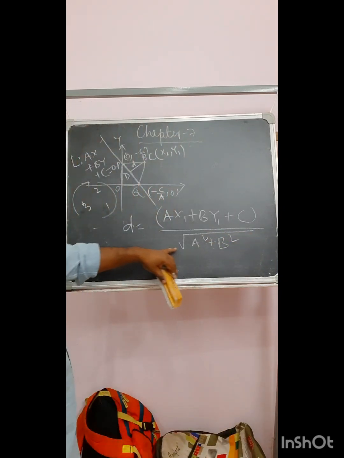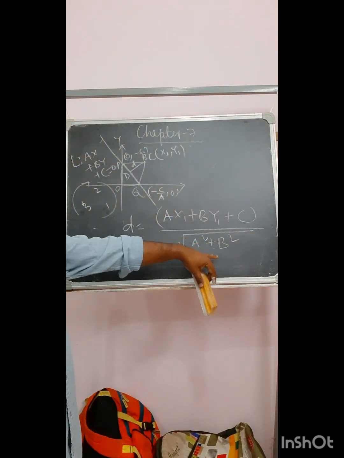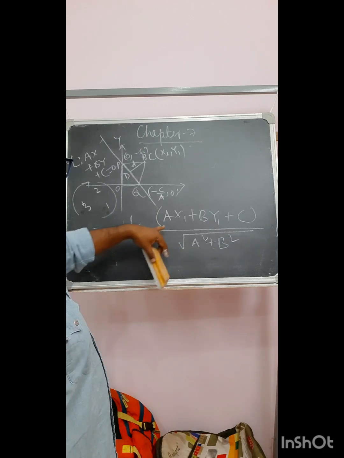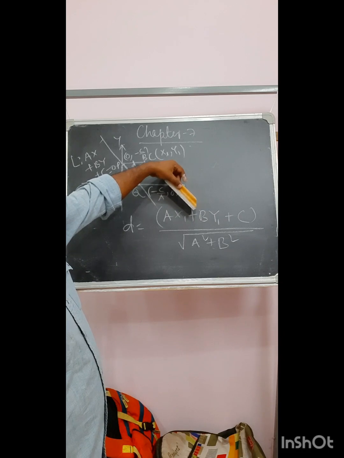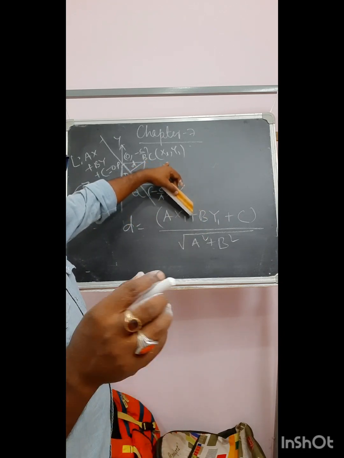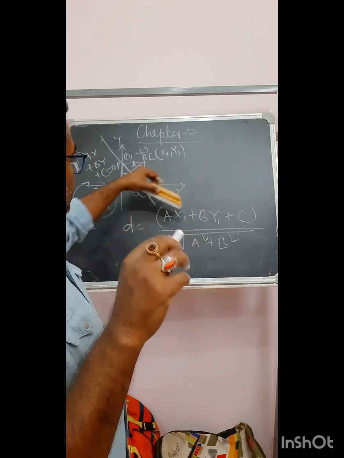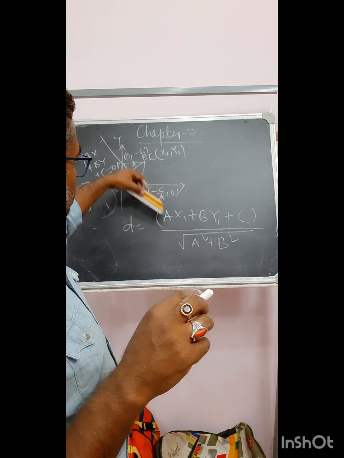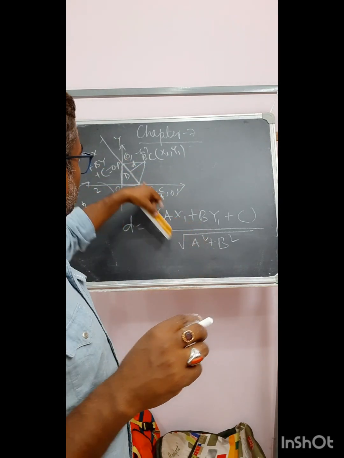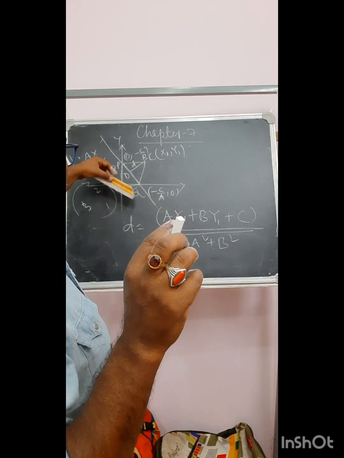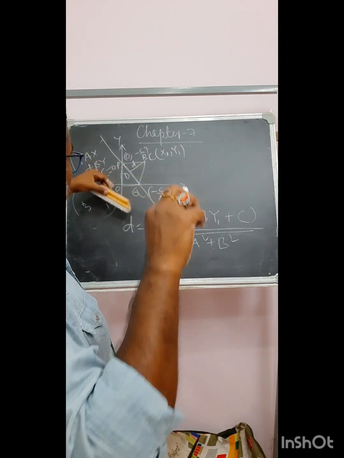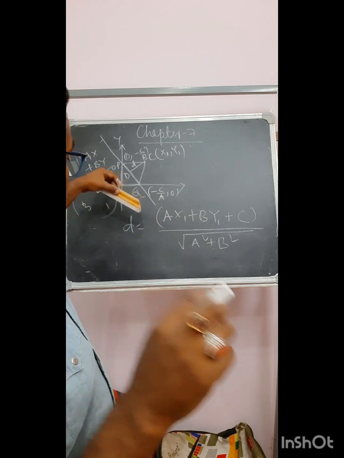So this is the final and straightaway derivation, where all things are known, x1 and y1 from the point from where the distance has to be calculated, the perpendicular distance of the line. So the only thing is that x1 and y1 will have to be inserted in the equation given.